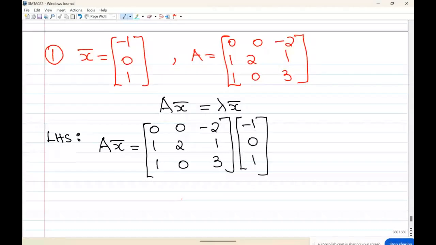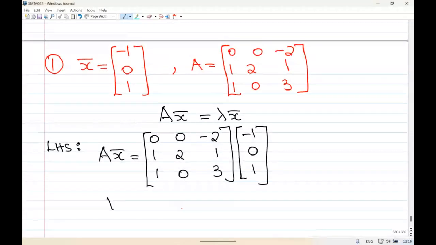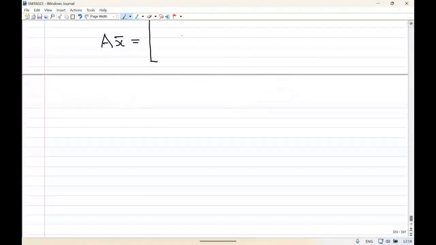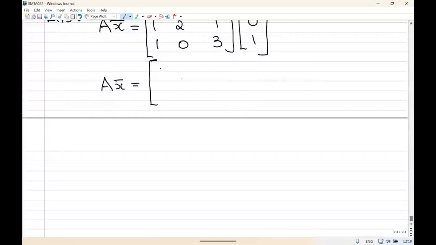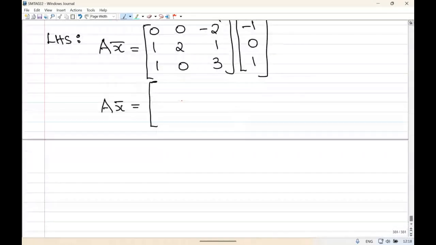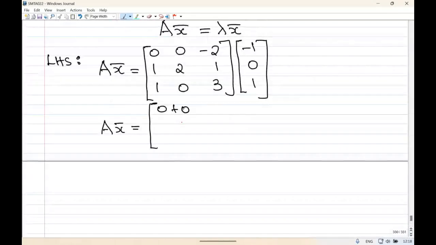When you multiply these, colleagues, tell me row number 1, I see 0 plus 0 and then -2.